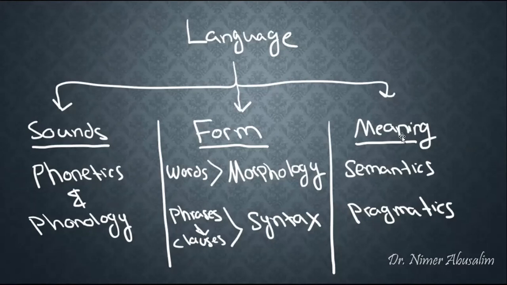What is language too? It is meaning. Semantics and pragmatics. What is the difference between them? If you remember, it is a shame because pragmatics is Elizabeth's topic, but I'm going to explain it to you. So what is semantics? What's the difference with pragmatics? Semantics has the specific meaning.